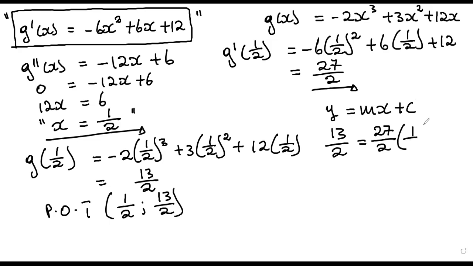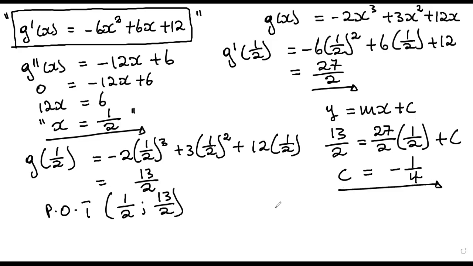We said it's going to be half. We are looking for the value of c. So let's see how much is 13 over 2 minus 27 over 2 multiplied by a half, like that. So we find that c, which is the y-intercept, it's going to be -1 over 4, like that.